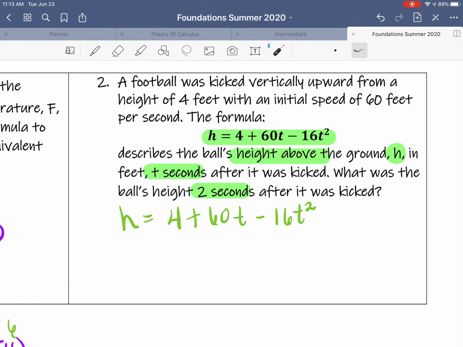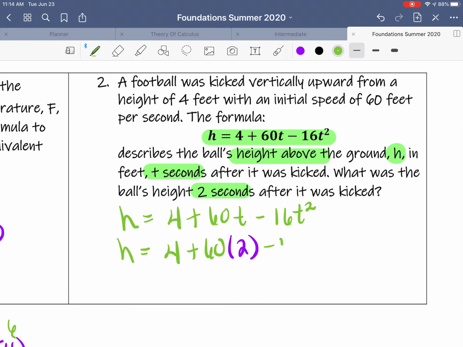It wants to know the height 2 seconds after it was kicked. So where do you think 2 seconds would go? H for height, T for seconds. It's going to go in for T. So let's plug that in.